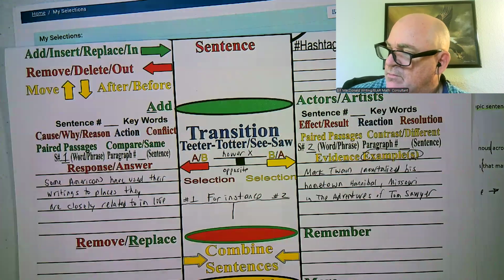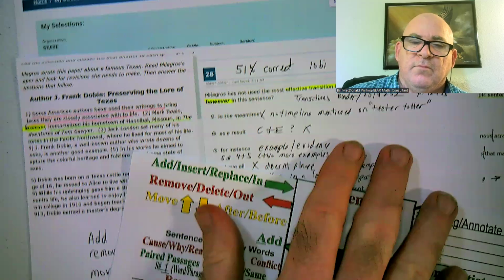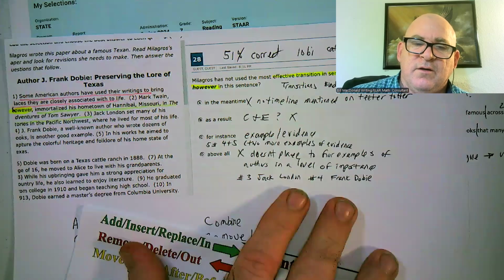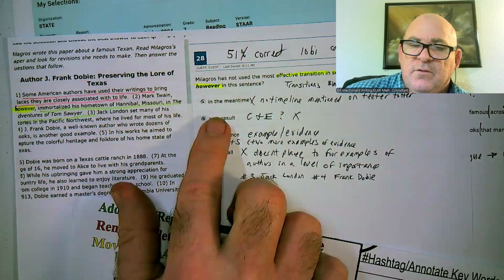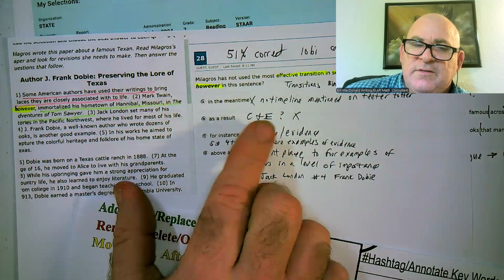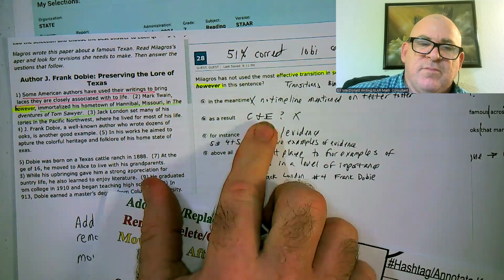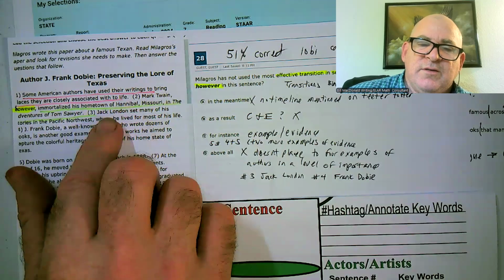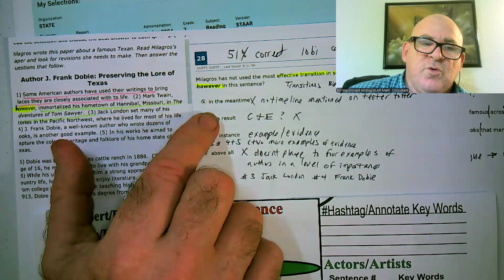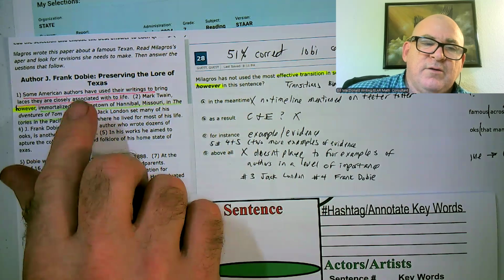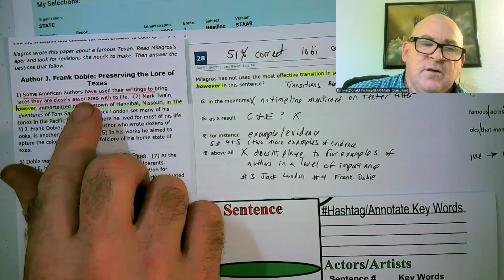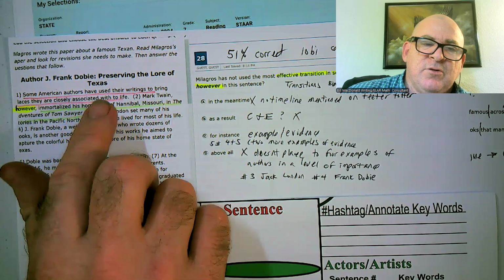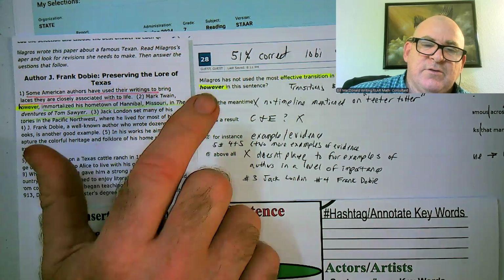So, reading on, I'm going to eliminate as a result, the cause and effect choice, because it's not a cause and effect relationship. It's just giving you 1, 2, 3 examples of people who have brought places they are closely related to life in their writings.